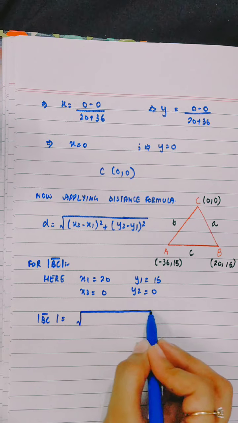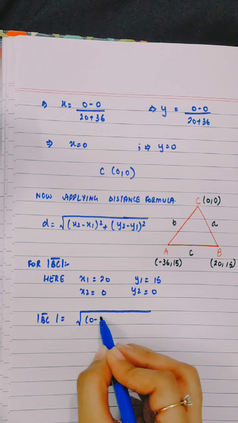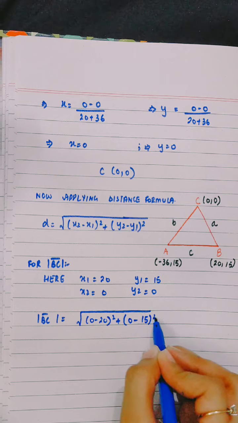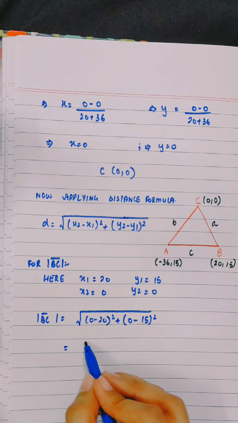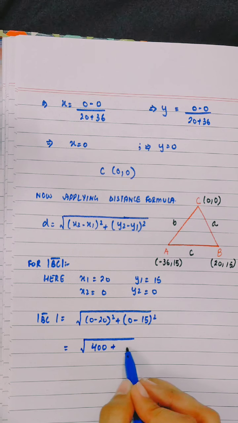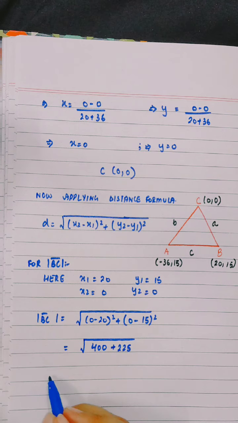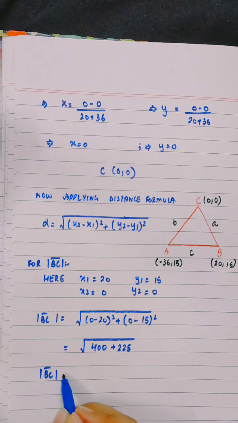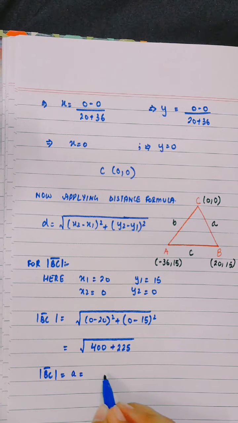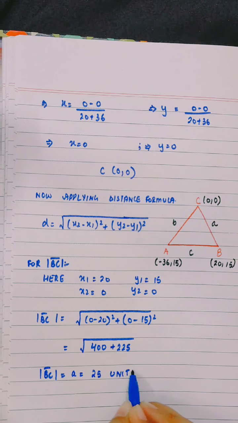BC is equals to under root of 0 minus 20 whole square plus 0 minus 15 whole square. 400 plus 225. BC, which is equal to small a, its distance has come as 25 units.